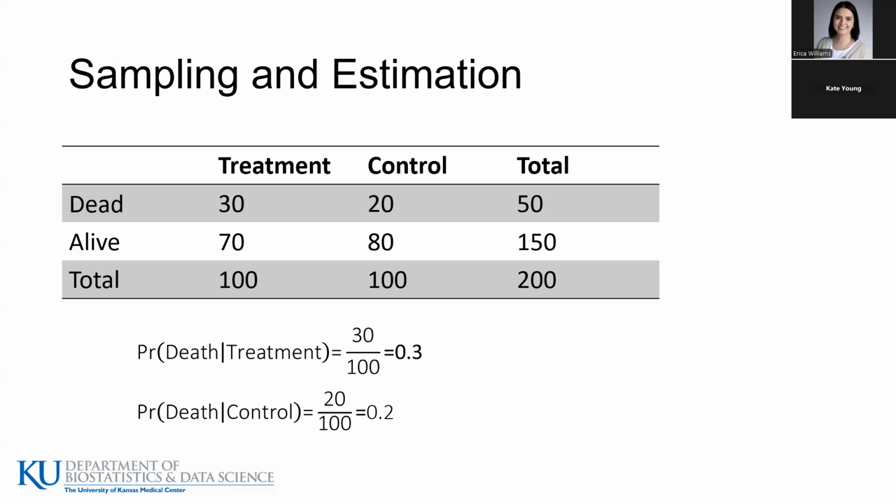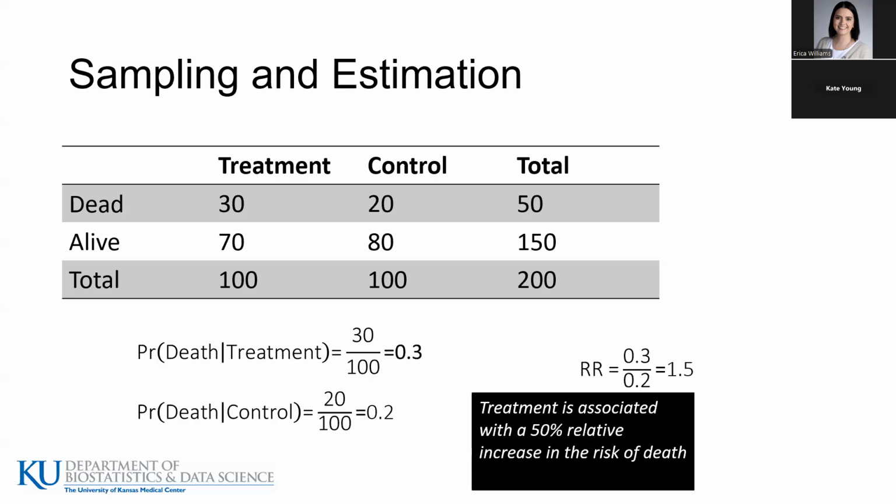Out of the control group, 20 experienced death, so the risk would be 20%. So the risk ratio would be 1.5. The interpretation is that the treatment is associated with a 50% relative increase in the risk of death.